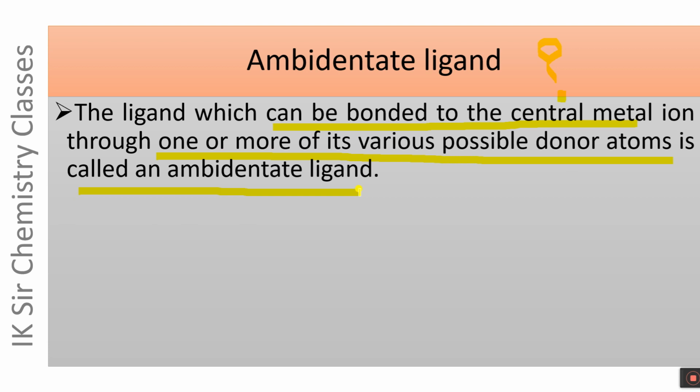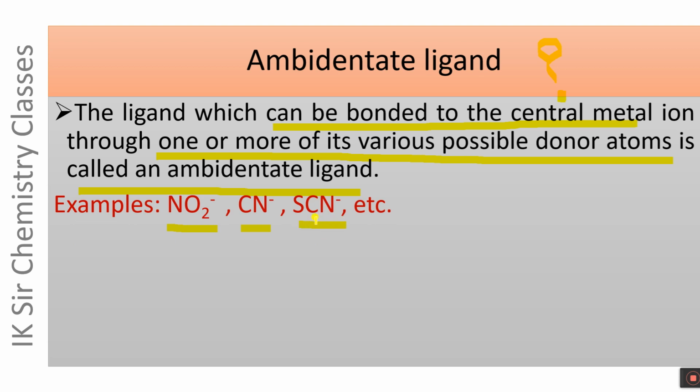The ligand which can be bonded to the central metal ion through its one or more of its various possible donor atoms is called an ambidentate ligand. A few examples are given below: NO2 minus ion, cyanide ion, thiocyanate ion, etc.